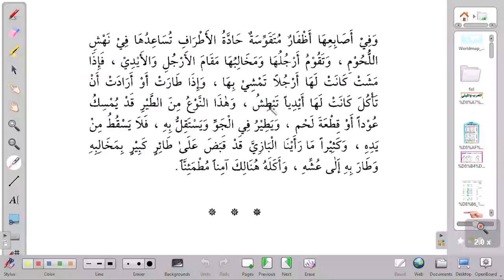Batasha means to hold something, to grab something. So he's saying that the legs and the claws serve the position of legs and hands. So that's what it is.